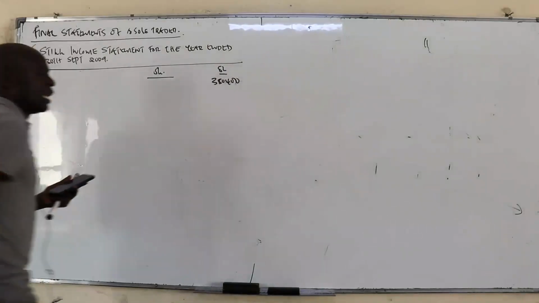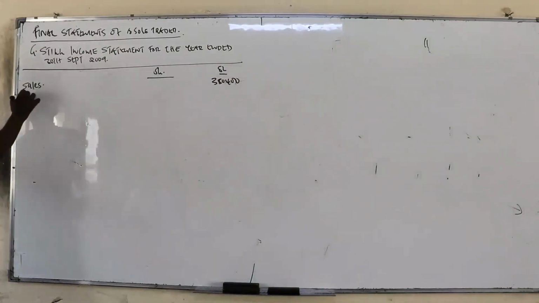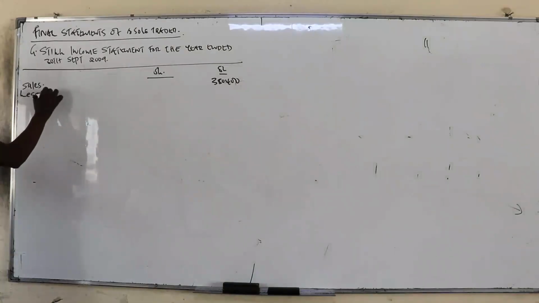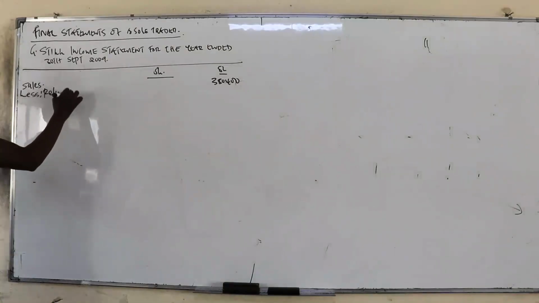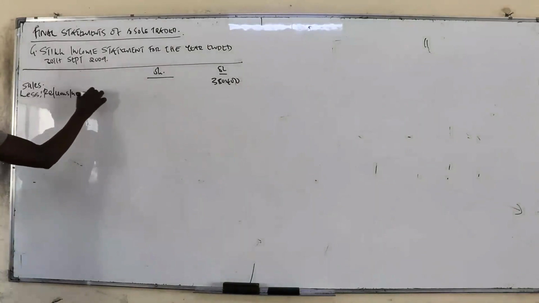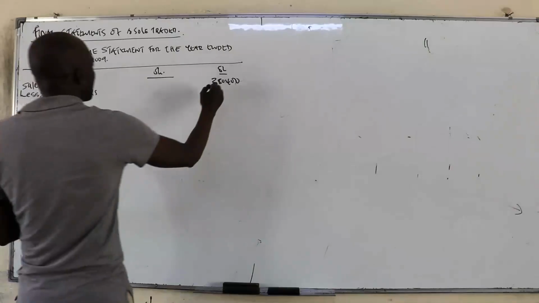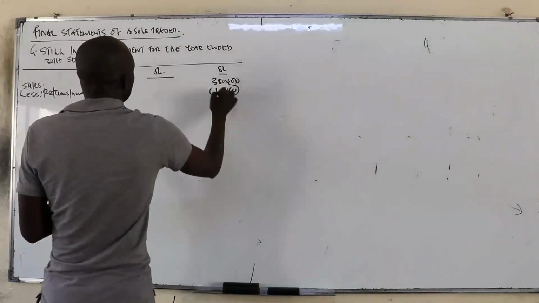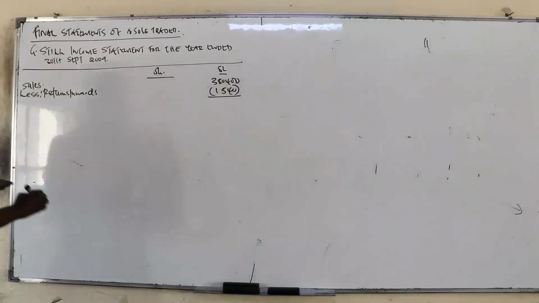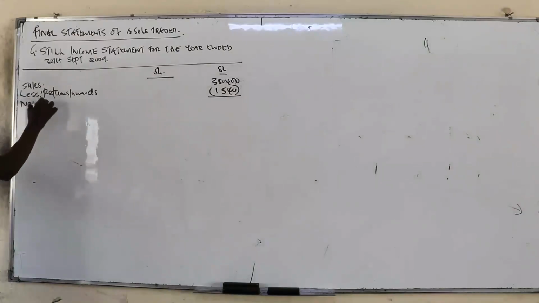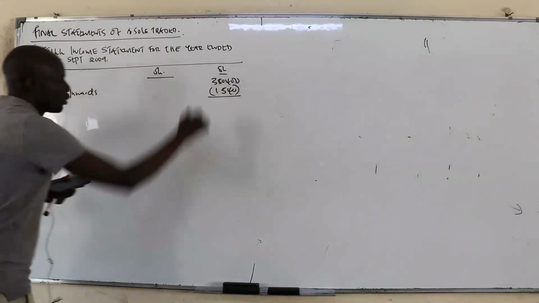So you write there, and then you less returns inwards. Another name for returns inwards is sales returns. Returns inwards in this question is 1540. So you deduct 1540 here, and then you get what we call the net sales.